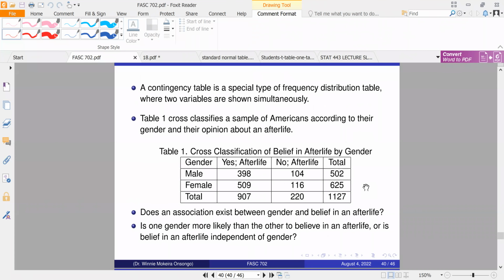Because of the nature of our data, we cannot use the quantitative methods to analyze the association between variables. But we have non-parametric tests. By non-parametric tests, we mean that you don't have to estimate a population parameter for you to be able to analyze your data.